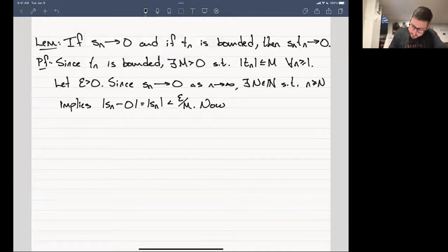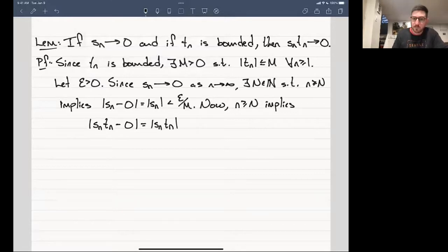So now, if I take n greater than or equal to capital N, this implies, well, if I take Sn times Tn minus 0, I want to show that this is smaller than epsilon to show that this is a null sequence. Of course, this is just Sn times Tn in absolute value. You can open these up and say it's the product of the absolute values, where Sn is less than epsilon over M and Tn is less than M. And so now you can see that these M's are going to cancel.